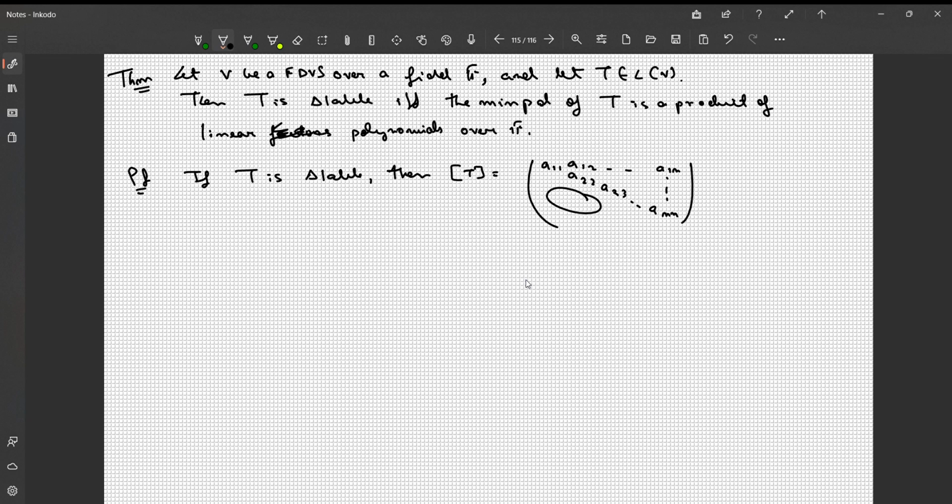Because the characteristic polynomial will obviously be of the form (x minus a11) into (x minus a22) into (x minus a33) and so on and so forth. So the minimal polynomial will also be a product of linear polynomials, right?